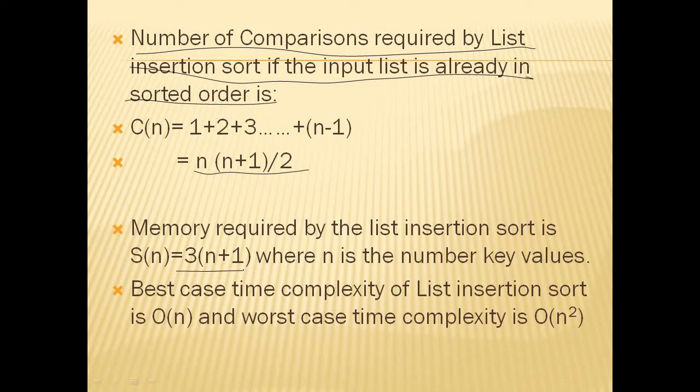The time complexity is big O of n in the best case, and big O of n square in the worst and average cases. You should keep in mind the time complexity, the number of comparisons n into n plus 1 by 2, and the memory 3n plus 1.